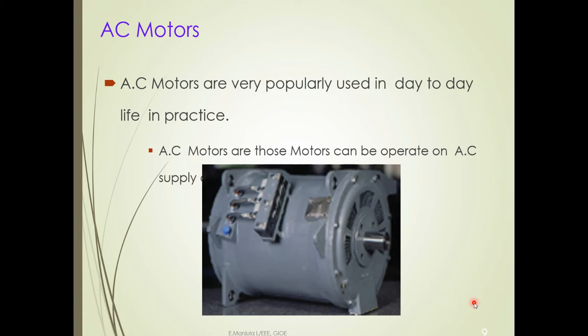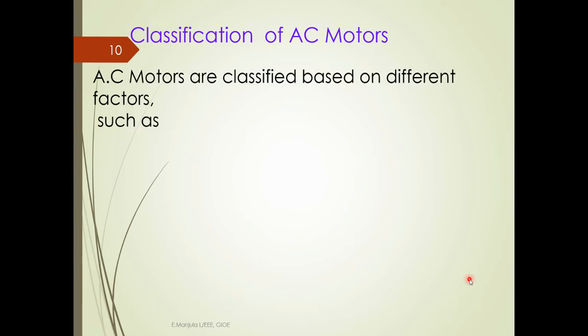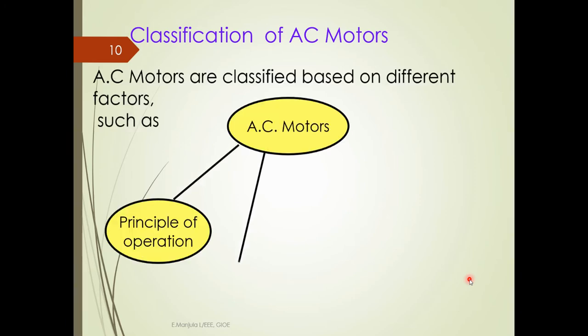So, AC motors. AC motors are very popularly used in day to day life and practice, and they are motors that can be operated on AC supply. So how many types of AC motors are there?